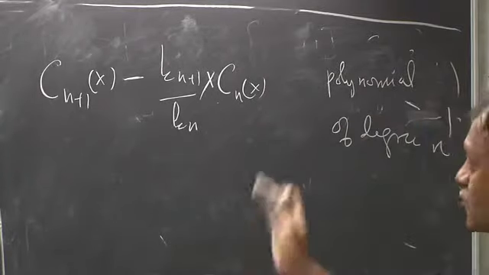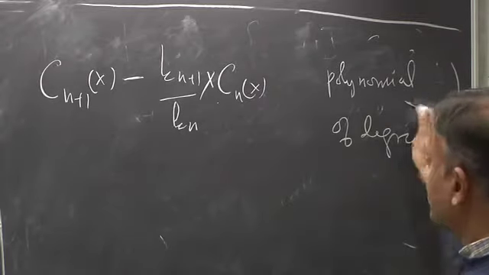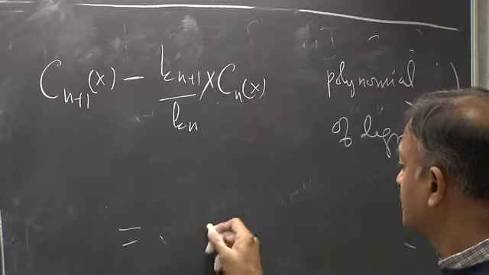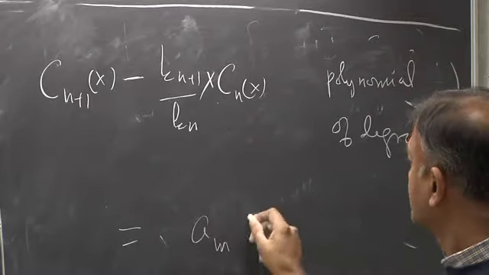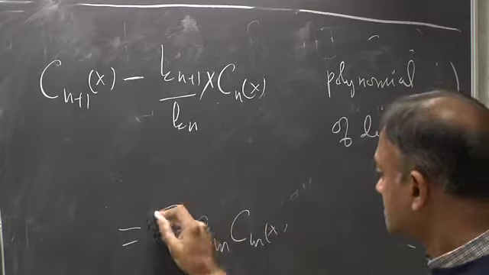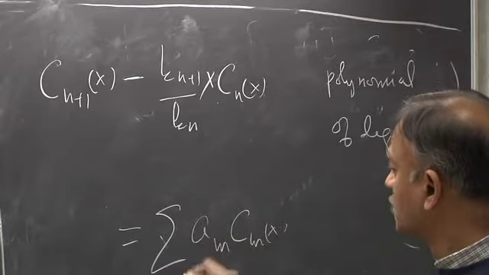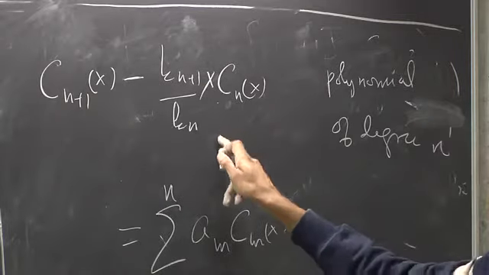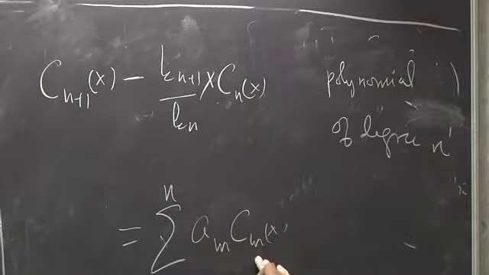So I can expand it in terms of some coefficients, let's say am times Cm of x, where m goes from 0 to n, because this combination is an nth degree polynomial, so I should be able to expand it in this basis.